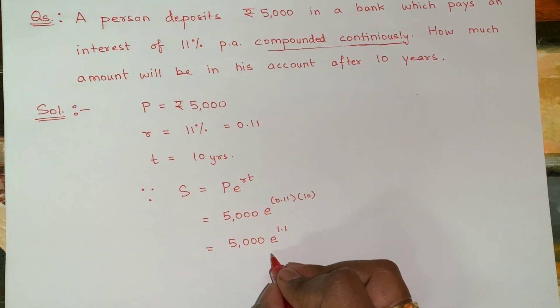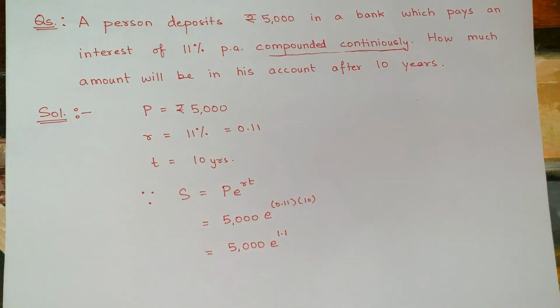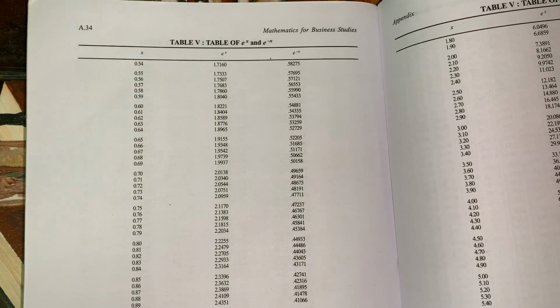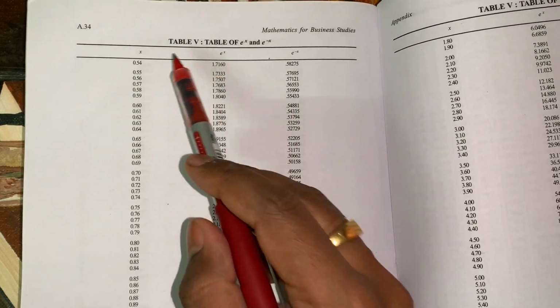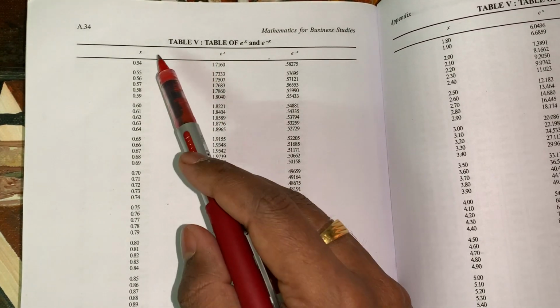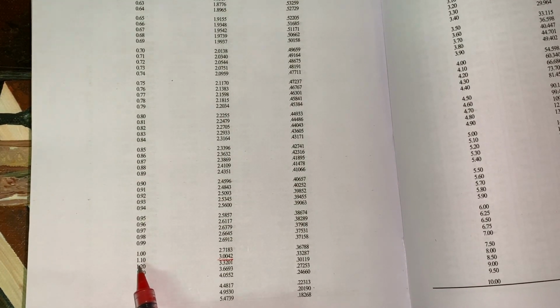Now we will look for the value of e to the power 1.1 in the exponential table. We move towards the back of the book, and in the table of exponential we search for 1.1 in the x column. The value of e to the power 1.1 is 3.0042.